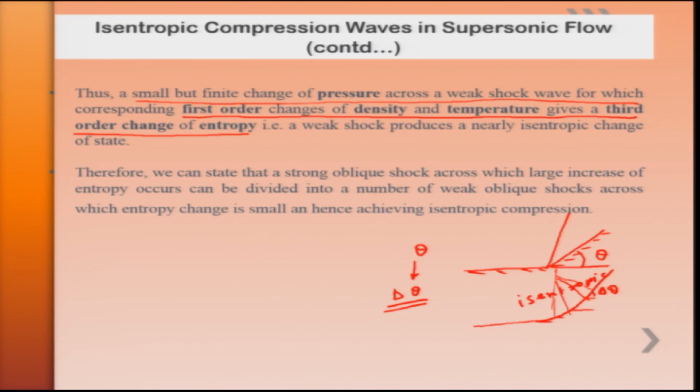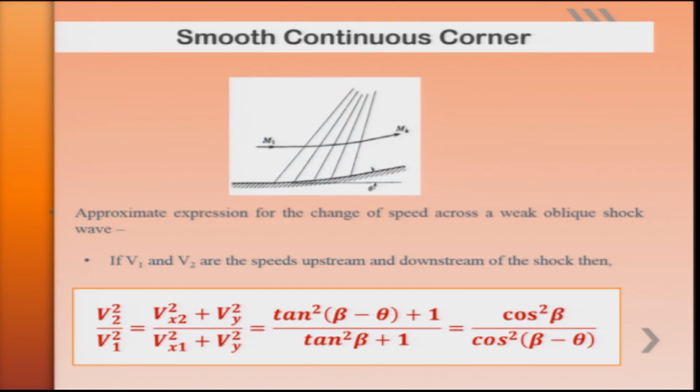That is exactly what is used here: rather than having a sharp change in the wedge angle theta, I am showing a linear variation, that is a small change in the deflection angle, such that the oblique shocks created near the wall will not add much entropy into the system, which is very important from the propulsion point of view.